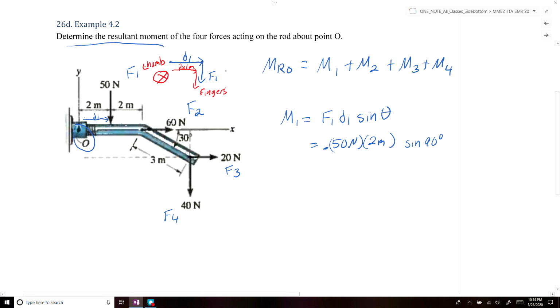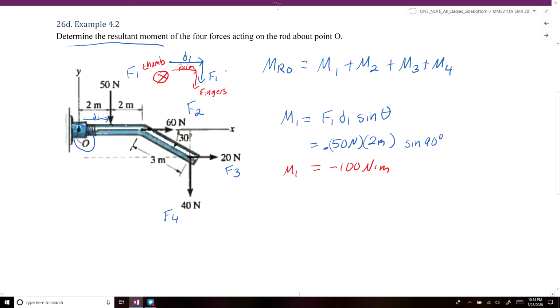That means it would cause a clockwise moment about the system, which would cause it to rotate clockwise, which we define as being a negative moment. All right, so all that being said, the sine of 90 degrees is 1, and 50 times 2 is 100, so we'll get minus 100 Newton meters for moment 1.